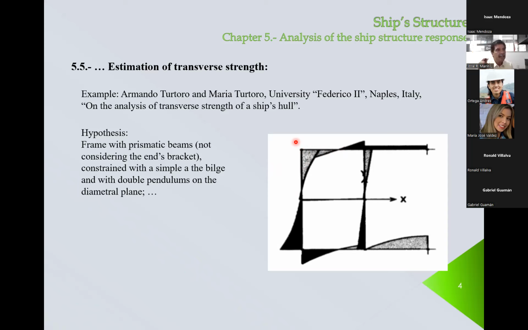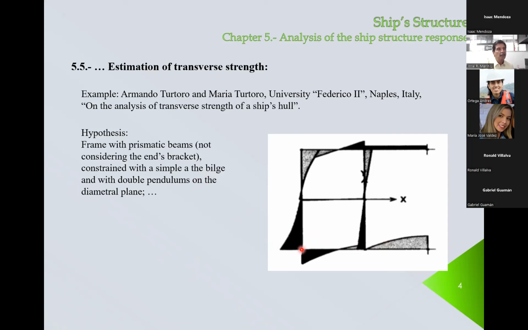Okay, go on, please, Mr. Villalba. Constrained with a simple support and with double pendulums on the diametral plane. Okay, so here they're considered as simply supported. Usually, for example, you have a very strong floor.